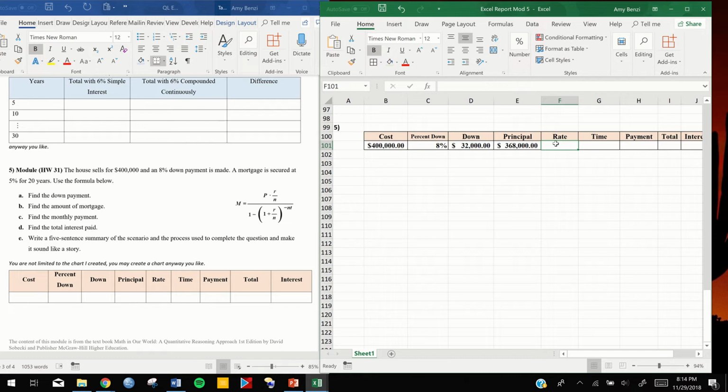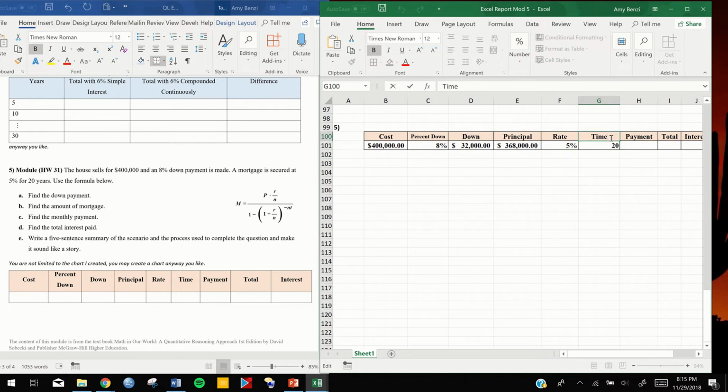All right, well, what's my rate? My rate was 5%. Remember, I want this to be percent. So this is 5%. Oh, I still didn't get it right. I was supposed to put 0.05. All right, and then how much time? 20 years.